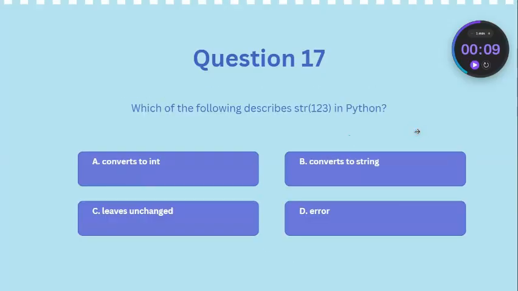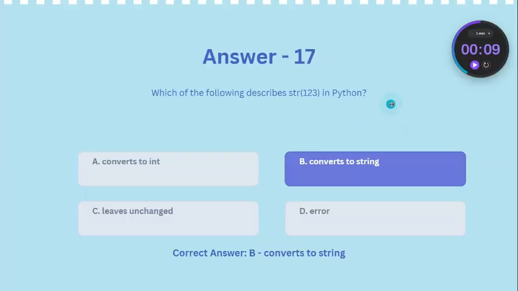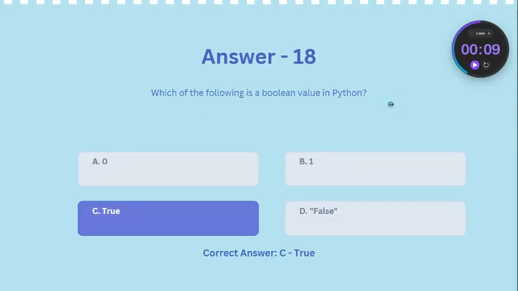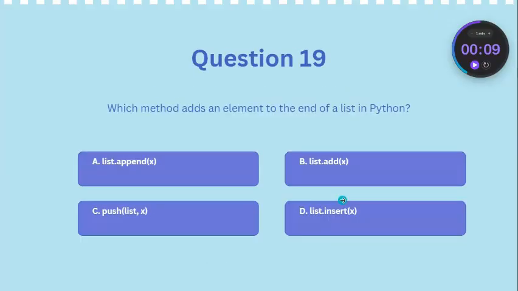Which of the following describes the string '123' in Python? It converts to a string. Which of the following is a boolean value in Python? C is the boolean value, because this one is false and the other is a string.